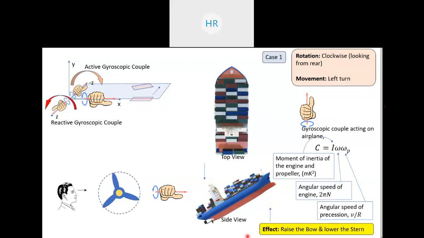Then you have to mention this effect like this, that effect of this reactive gyroscopic couple is to raise the bow, કે જે front part છે તેનું નામ છે bow, and lower the stern. The rear part છે તેનું નામ છે stern. So this is how you have to mention the effect. Now if you closely look this procedure, આ જે procedure છે અને આ જે બધા steps છે, these are similar to the effects that are explained in aeroplane.